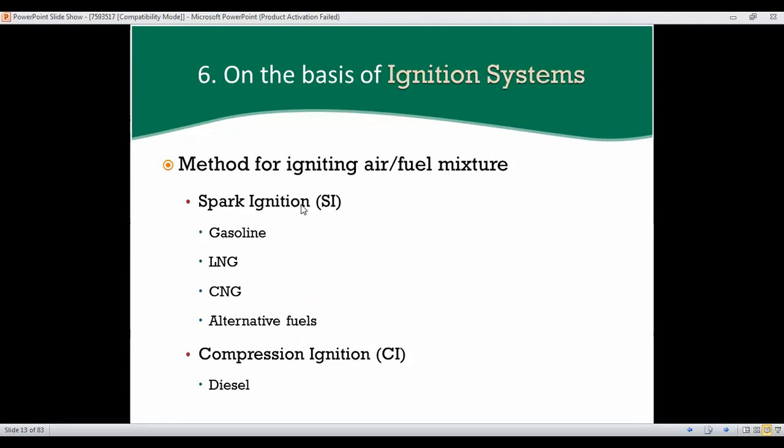Spark ignition, SI engine: in the SI engine, gasoline, LNG, CNG and alternative fuels can be used. In spark ignition we need a spark plug to ignite the fuel. Compression ignition, CI engine: in this category only the diesel engine is available.